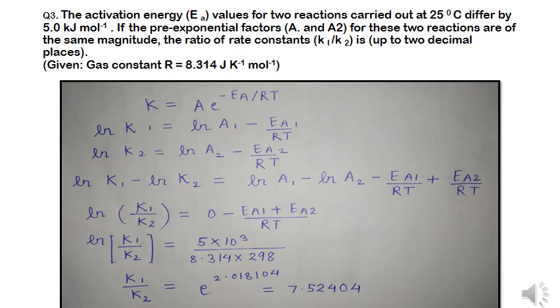So we directly put the value of the difference of E1 and E2 as 5 into 10 raised to 3 upon the universal gas constant, which is 8.314, into temperature, that is 25 degrees Celsius, that is 298. So after solving this equation and taking e raised to the whole value, that is 2.01804, you will get 7.52402.